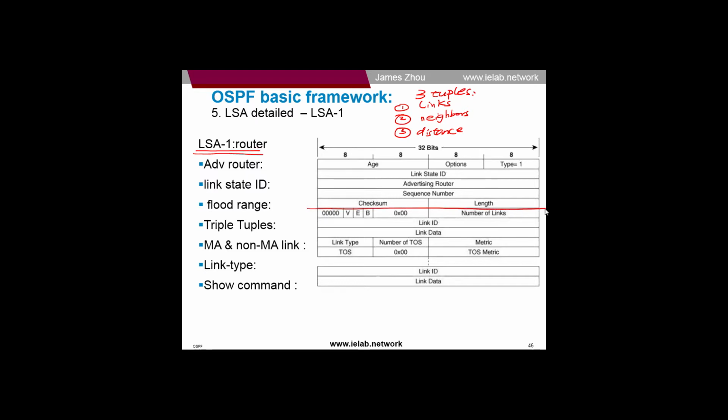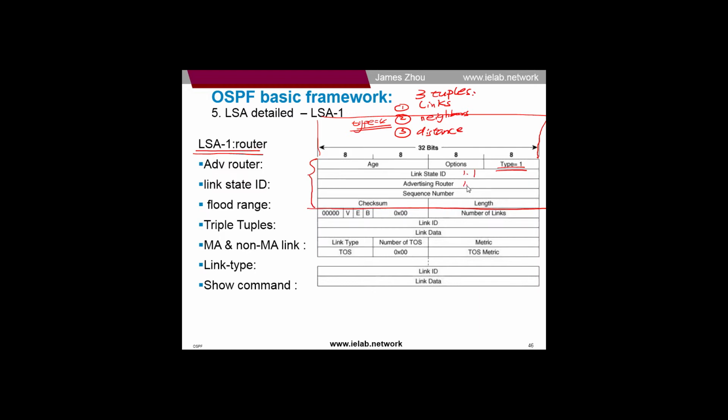Here is the LSA header. The OSPF header is missing here. Type 4 means LSU, right? Here is the LSA header. LSA type 1 means LSA1. Link state ID 1.1.1.1.